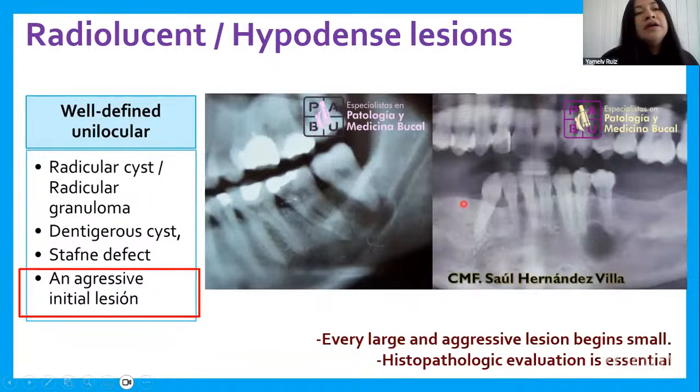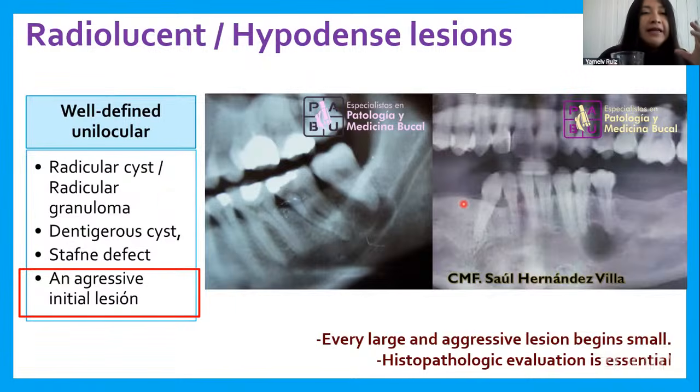And the last entity of this group of well-defined unilocular entities is an aggressive initial lesion. It's important to remember that the big, the huge, and the aggressive entities, like ameloblastomas and keratocysts, which most of the time we see big or huge, at the beginning were not of that size.